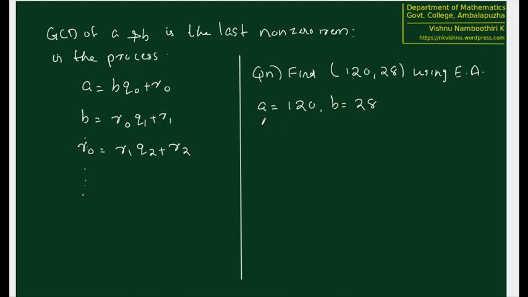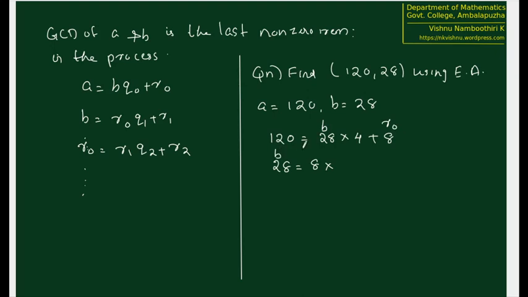Now we are going to express A in terms of B using the division theorem. A or 120. So 28 in 120 we have 4 times. So 28 into 4, and the remaining is 8. This is B, this is R naught.